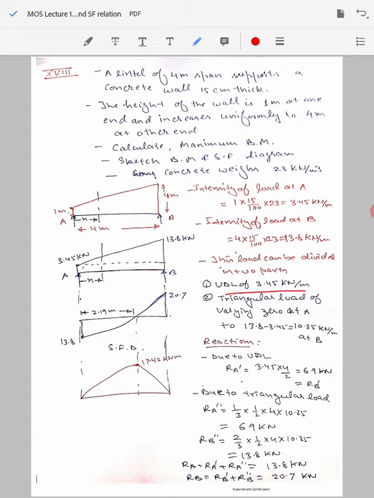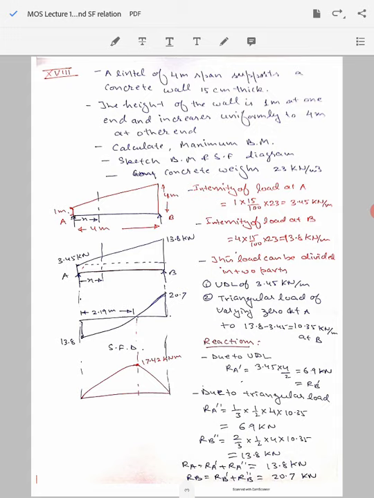Because the load is continuously distributed and the beam is symmetrical, the load will be 3.45, that is the uniformly distributed load, multiplied by the length of the beam, and as it will be equally shared by both the supports, it's simply 3.45 into 4 divided by 2, which gives the reaction because of the uniformly distributed load at point A as 6.9 kilonewton, and it will also be equal to the reaction at point B, which is also 6.9 kilonewton. So RA dash will be equal to RB dash.